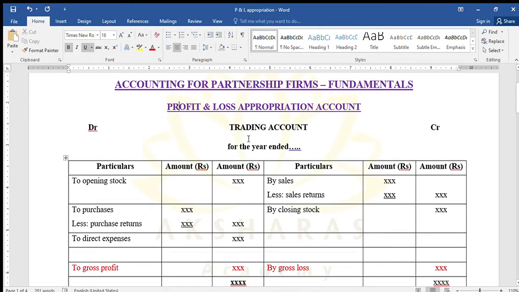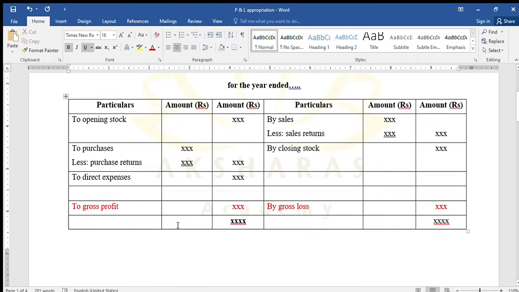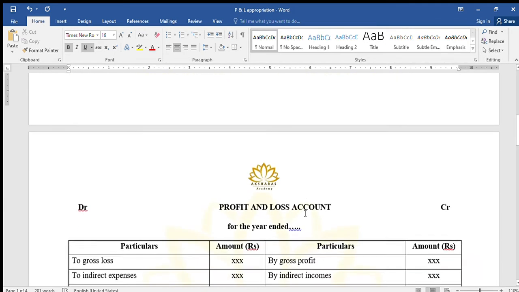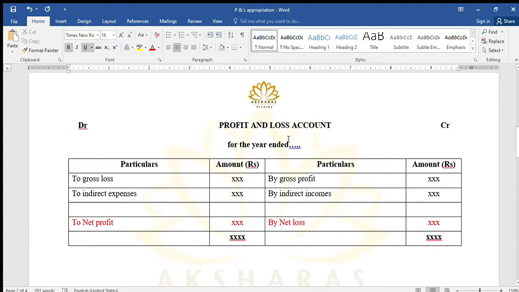First, the firm prepares the trading account, and all the items relevant to the trading account are posted under the debit side and credit side respectively. So the balancing figure may either be a gross profit or a gross loss. This gross profit or gross loss will be transferred to the profit and loss account.